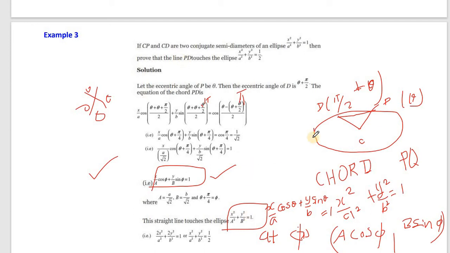So what you do is, you obtain the equation of PD and bring it to the standard form of a tangent to some ellipse, and from the way in which it is written, we are able to conclude, because we just compare this known form with that, that this line has to touch the ellipse x square by capital A square plus y square by capital B square at a cos phi, b sin phi.